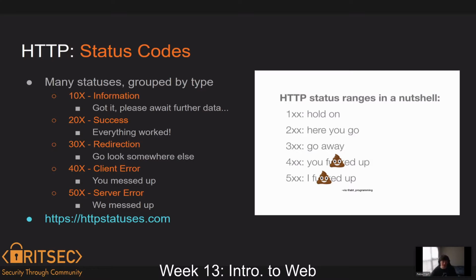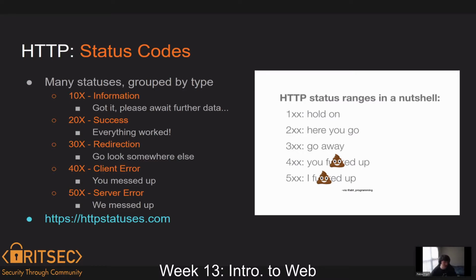And then this http://statuses.com link, that's a good website you can go to check out all the various status codes and what they usually mean. There's a standard set of status codes, and then some websites and APIs add their own custom ones that aren't really standardized. So what specific status codes you're looking for and what they mean, they're generally agreed upon, but nobody's enforcing that you use a specific status code.